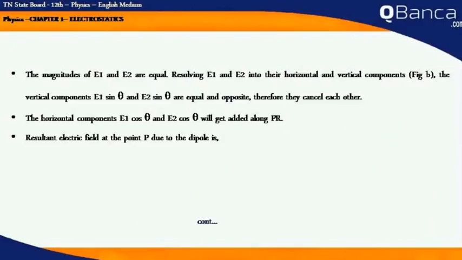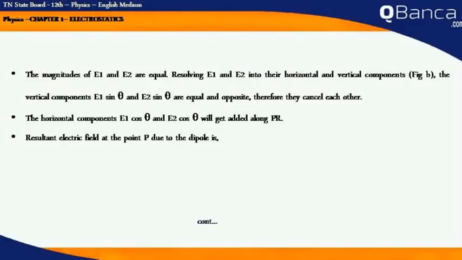Resolving the E1 and E2 into their horizontal and vertical components, the vertical components E1 sin theta and E2 sin theta are equal and opposite. Therefore, they cancel each other. The horizontal components E1 cos theta and E2 cos theta will be added along PR.